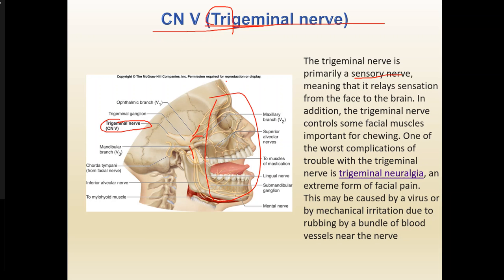This, for instance, could be due to a viral infection or mechanical irritation. There are several causes. Sometimes a partial paralysis as well. So the trigeminal, you see here, such an important nerve. You can try to visualize this branching, and it goes pretty much all over your face. The branches go all over.